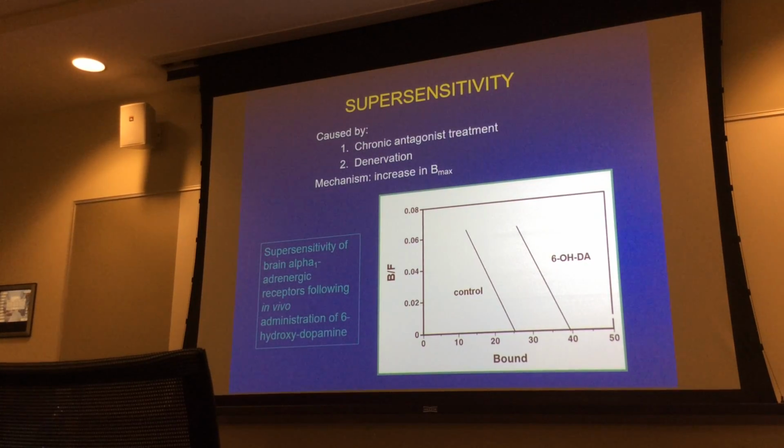The motor problems are the tardive dyskinesia, which is a result of supersensitivity of dopamine receptors after chronic blockade by the drug. So once again, just like tolerance is a great physiological example of desensitization, tardive dyskinesia and other kinds of things are the physiological consequences of supersensitivity.